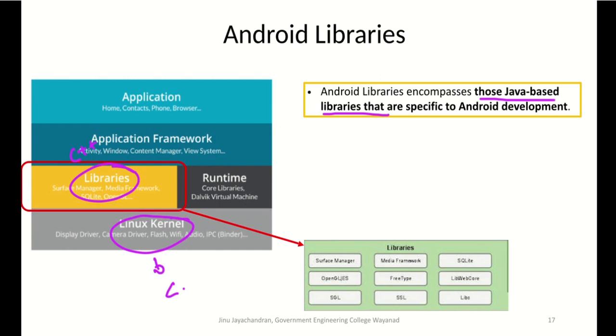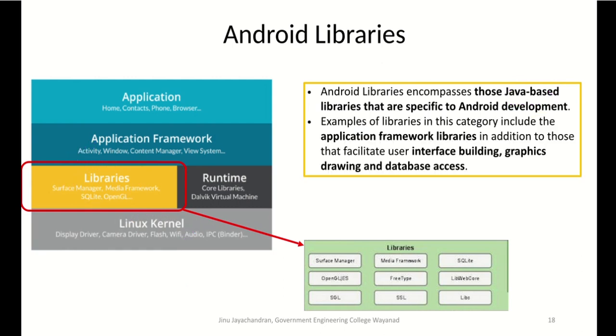But you can also have Android libraries written in Java in this library module. If you are not an application developer but an Android developer, then you can write your own Android libraries which will help any application developer to interact with the Linux kernel easily.